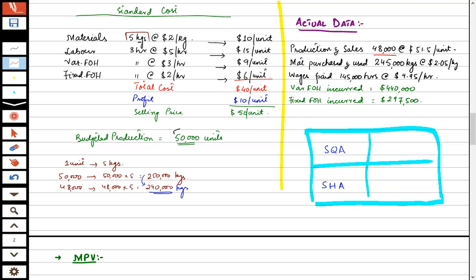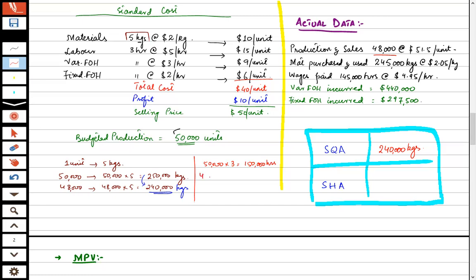Now, we have calculated the standard quantity allowed, that is 48,000 multiplied by 5, that is 240,000 kgs. Similarly, for 50,000 units we have allowed 3 hours per unit. So producing 50,000 units will require 150,000 hours on a standard.